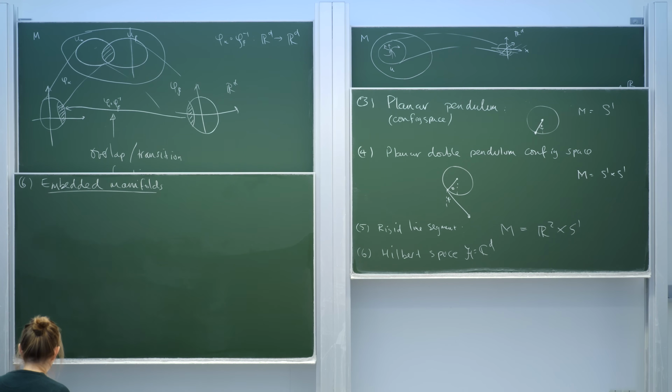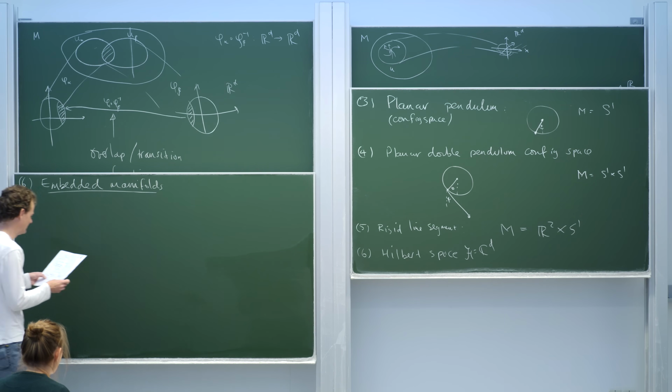It's pretty rare that you have to worry about Klein bottles or Möbius strips in physics. Pretty rare. It is possible these things come up occasionally, but usually the manifolds in physics we care about are actually embedded, actually live inside something else.